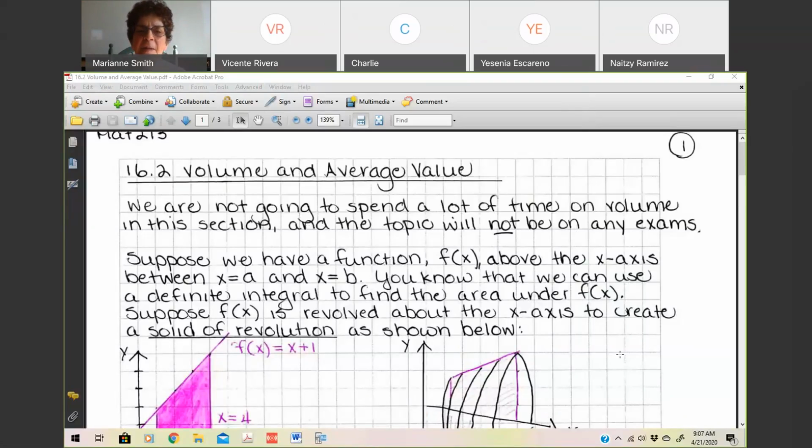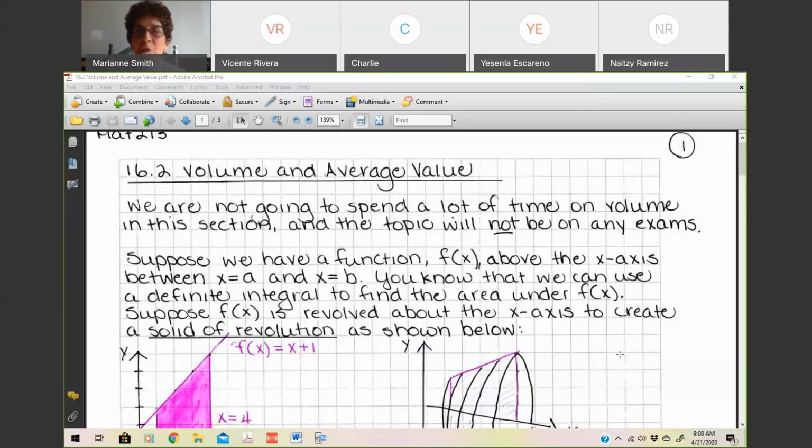If you have a part and you've used something called computer-aided design or CAD to create the part, you might have a function that describes the shape of the part. And again, it may be something you're 3D printing or whatever, and you need to know the volume of it because you have to pack it, or you need to know the weight of it, or you need to paint it, or all sorts of things. You might need to know its volume. But again, those are from engineering contexts.